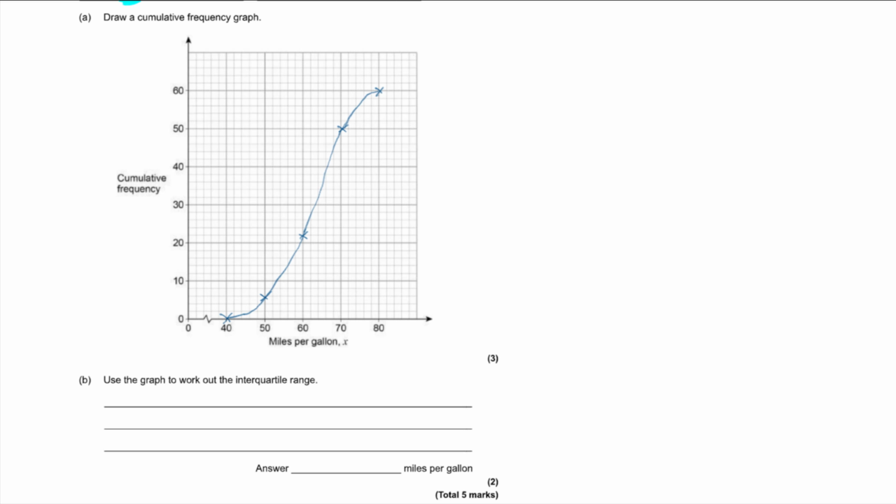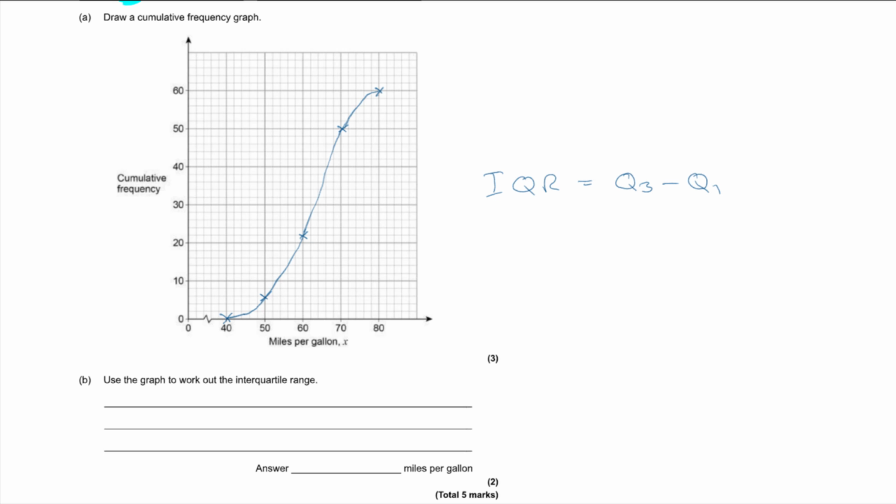Okay, so the interquartile range, that is Q3 minus Q1, the upper quartile minus the lower quartile. Now the upper quartile occurs 3/4 of the way through your data, and the lower quartile occurs 1/4 of the way through the data.